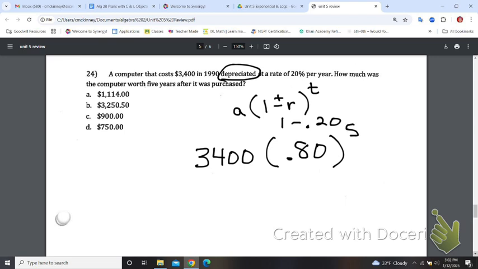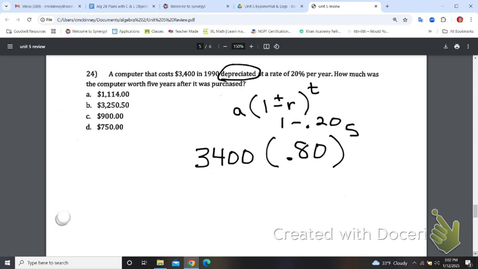So then I grab my calculator, and unfortunately I do not think this actually comes out to be one of these exact answers, which is kind of unfortunate. 0.8 to the 5th power, equal.